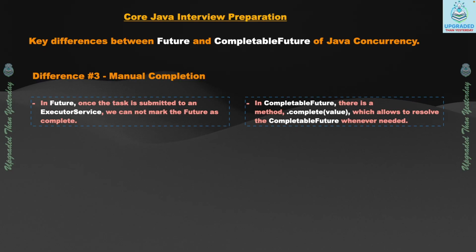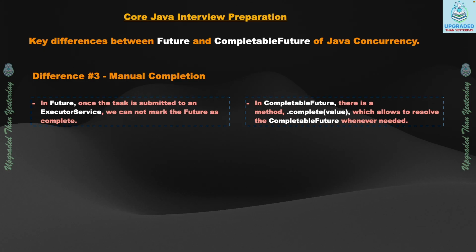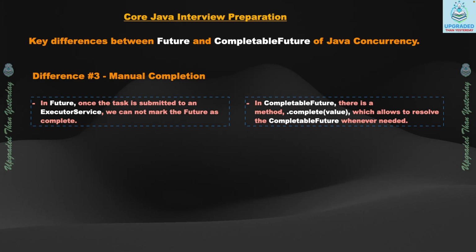The process has to wait until the result is computed or it has failed. But CompletableFuture provides a complete method, which allows resolving the CompletableFuture whenever needed. This method helps to complete the task with a default value to avoid waiting for the result forever.